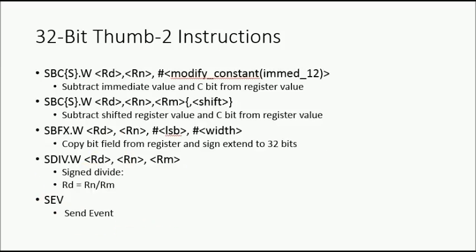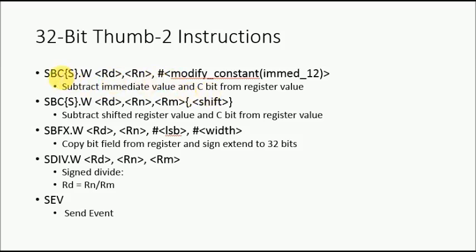SBC.W Rd, Rn, #modified constant. These two instructions, if you observe, are subtract instructions. In case of subtract, we know the data is subtracted from register Rn. Here the immediate value is provided, which is 12-bit. It is SBC, where C indicates the carry flag, so subtracting with carry.